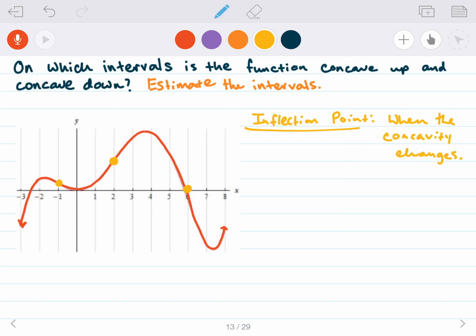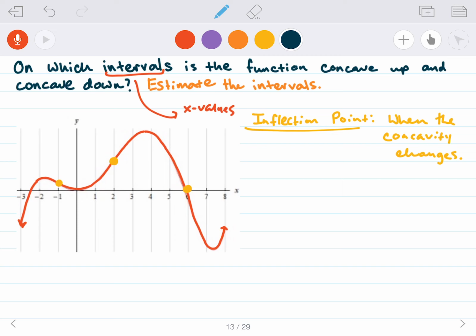When I talk about intervals, I mean x values, okay? This is important. So when I talk about where the function is concave up and down, I only care about x values. Don't tell me about y. So we start from the left.